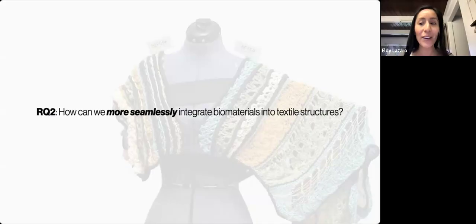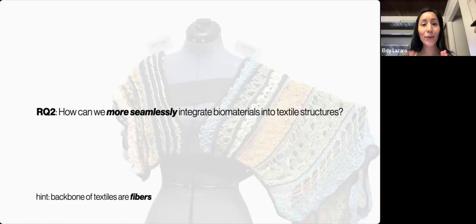And it also made us notice that in order to incorporate biomaterials more seamlessly into textile structures, we would need to get to the backbone of textiles, which are fibers. Up until here, all of our fabrication techniques have been extruding the material to make chunky yarns.